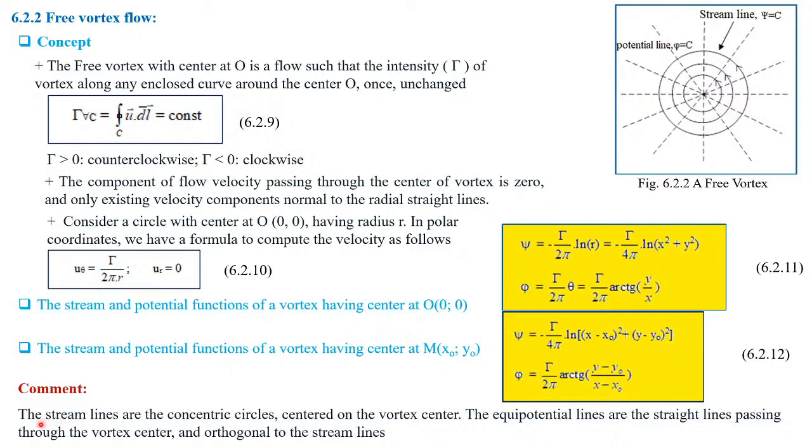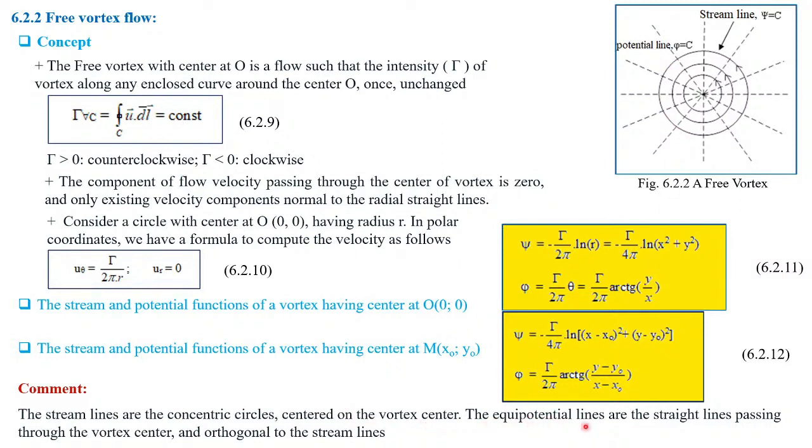So we can see the streamlines. In this case, the streamlines are concentric circles, centered on the vortex center. The equipotential lines, this one, the straight lines passing through O, we call the potential lines.